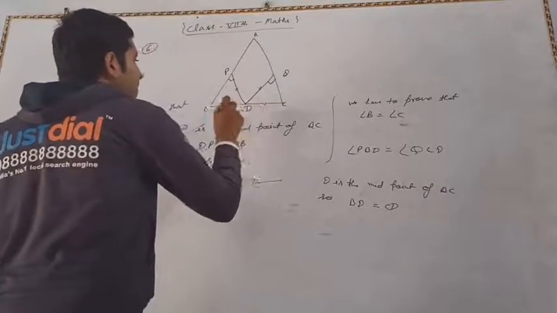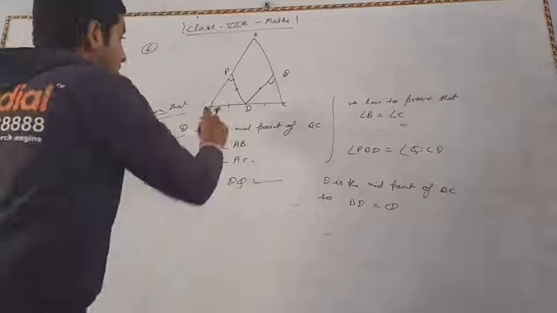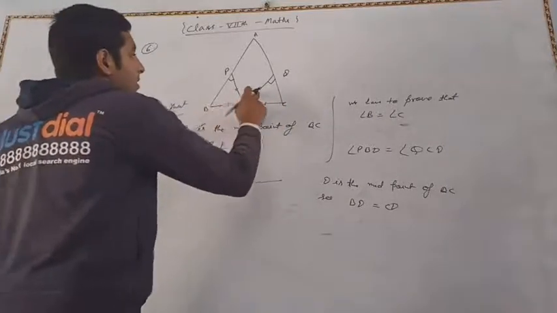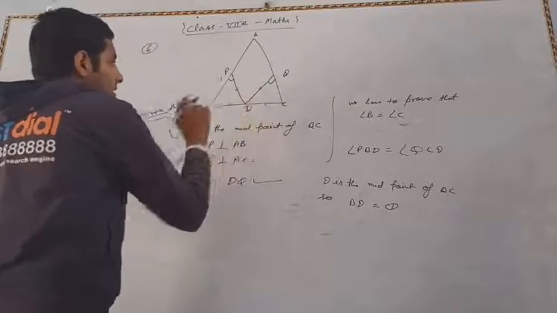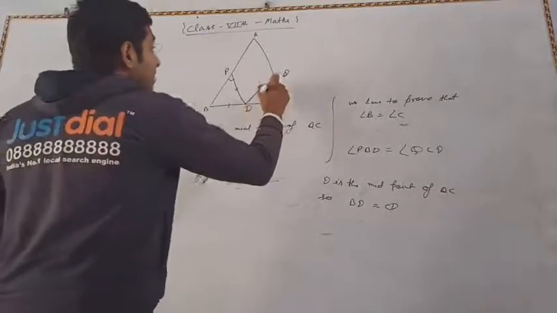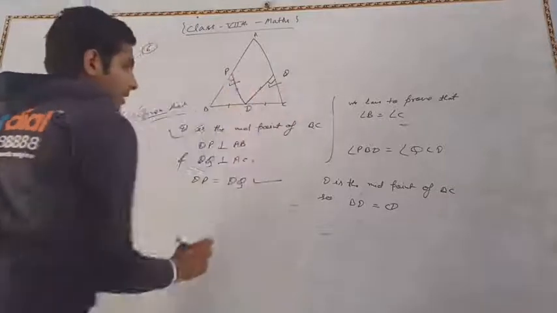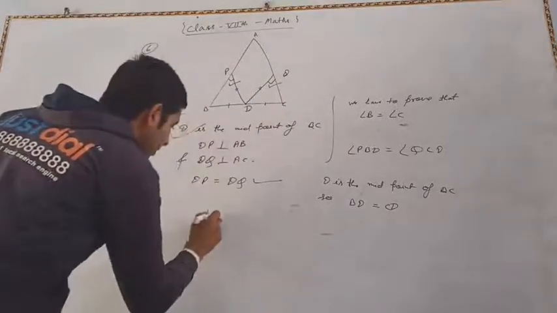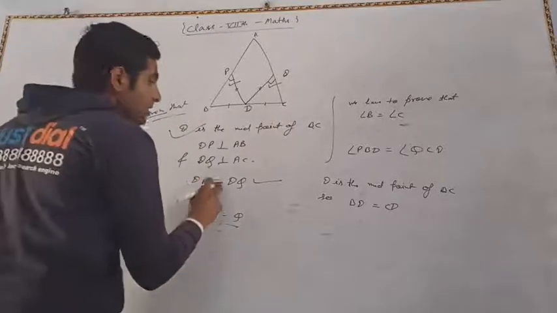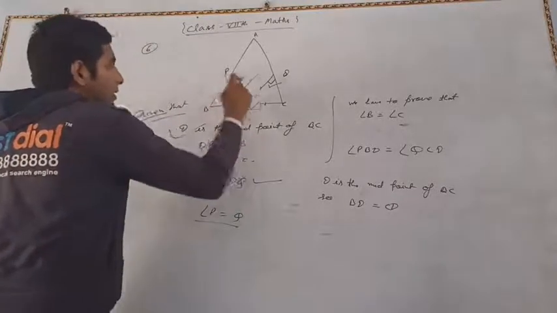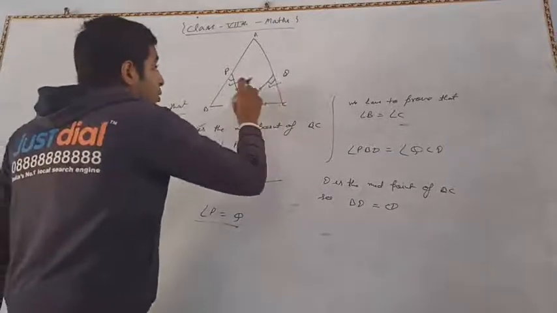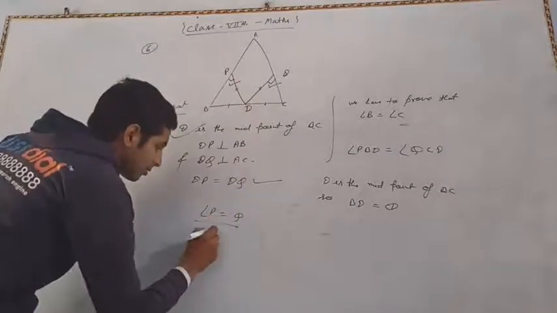This side is equal to this side and this side is equal to this side in both triangles. Also, given that angle P is equal to angle Q, because DP is equal to DQ and the angles opposite equal sides are equal.